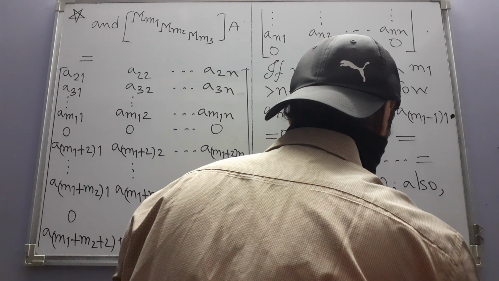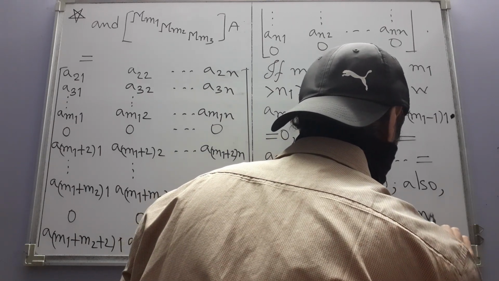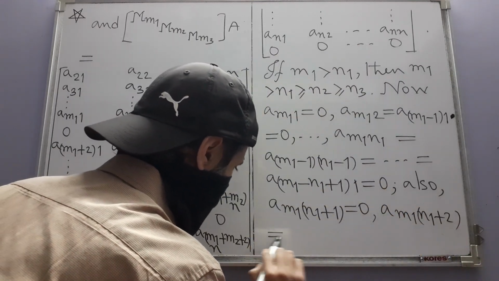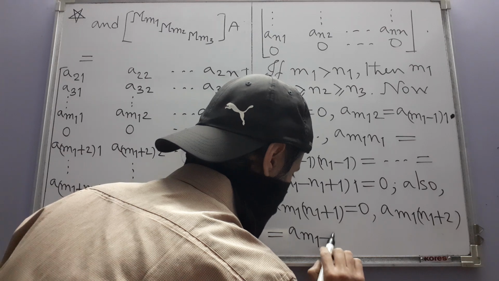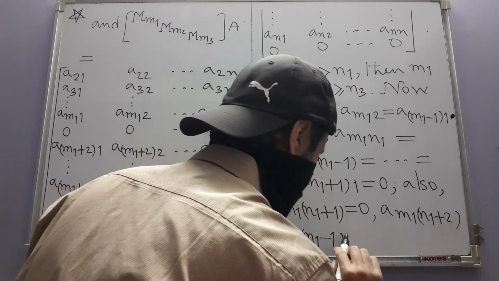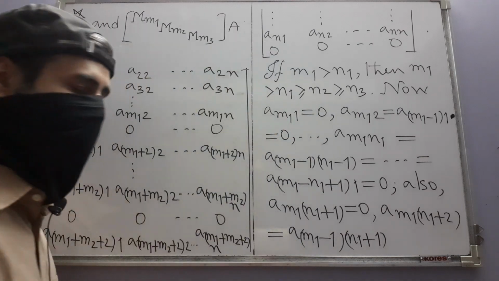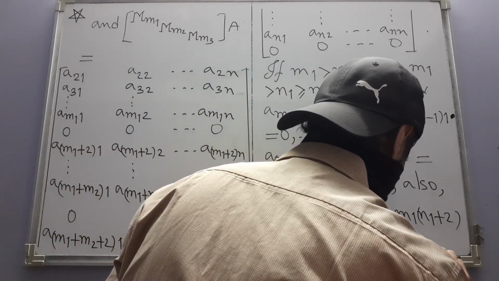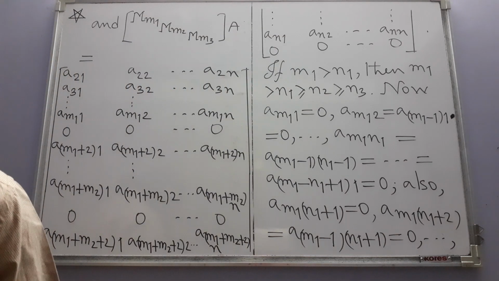And then am1 n1 plus 2. This is m1 minus 1, n1 plus 1. The moment you have second index n1 plus 1, this is equal to 0. And this part of the calculation also proceeds like that.